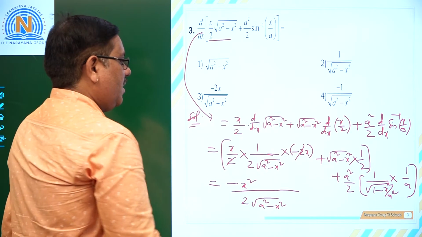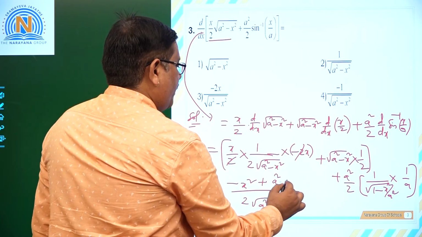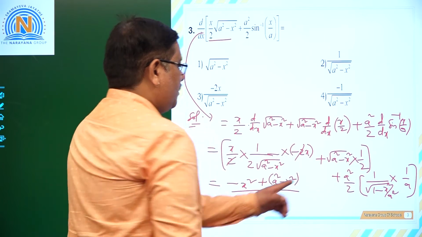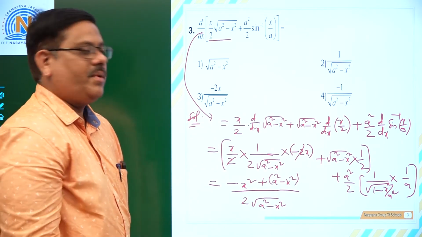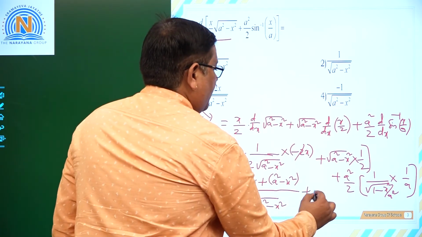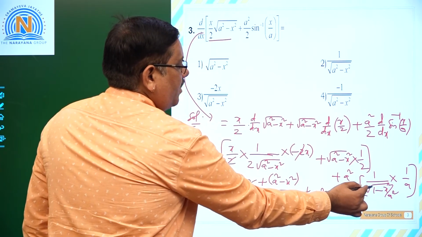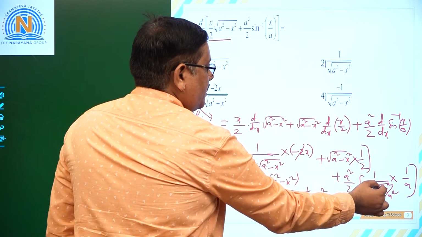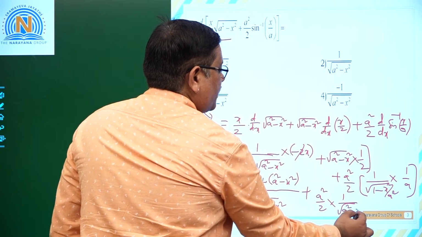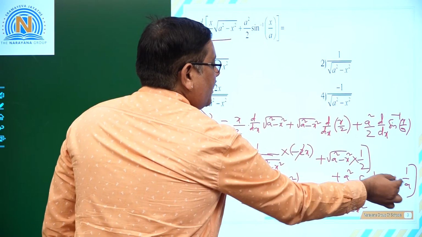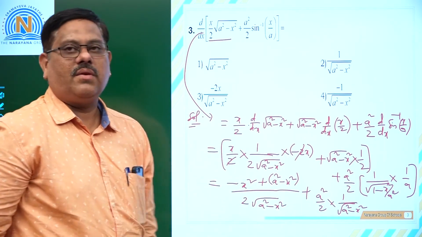Minus x square we have, plus here I have 2 already, so it is a square minus x square. So root a square minus x square, if I multiply with root a square minus x square, it is a square minus x square. Plus here a square by 2 into this particular function. Here we have a cancels, so 1 by root over a square minus x square. Here a goes up, that a and this a cancels, and we are left with a square by 2 into 1 by root over a square minus x square.